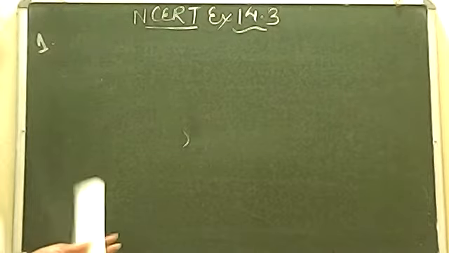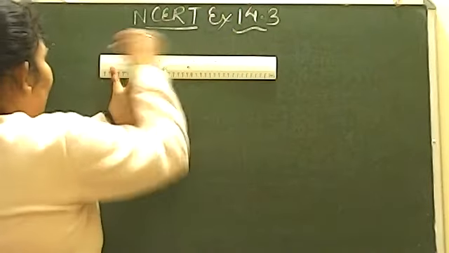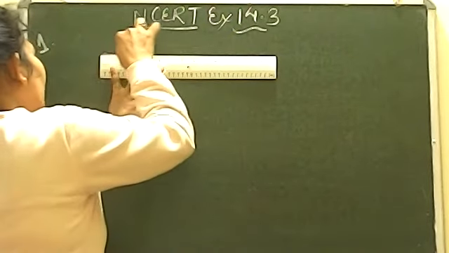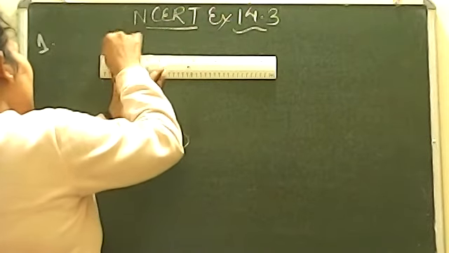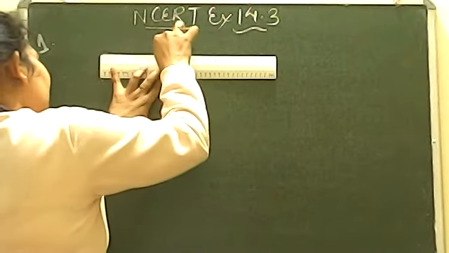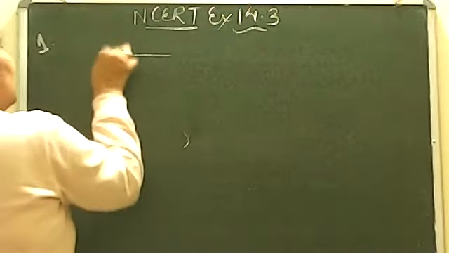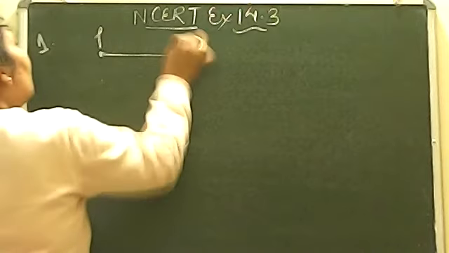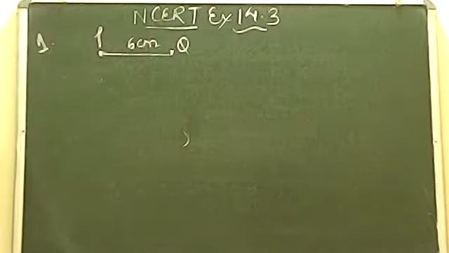So first we have to take a line segment PQ. We mark PQ, and we measure it according to ourselves. Suppose we made it 6 centimeters, you also draw 6 centimeters. Let us make a copy of it. So this is PQ and it is 6 centimeters. I have drawn it 6 centimeters.